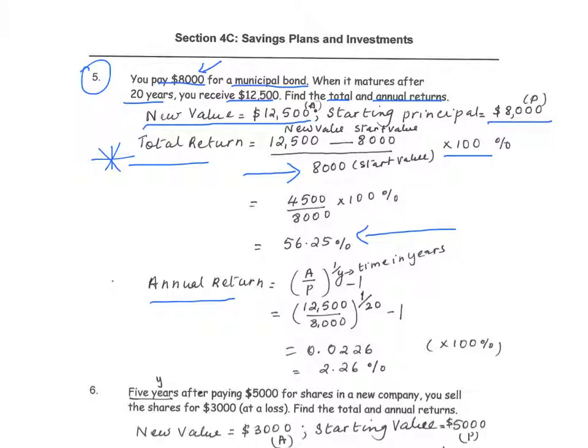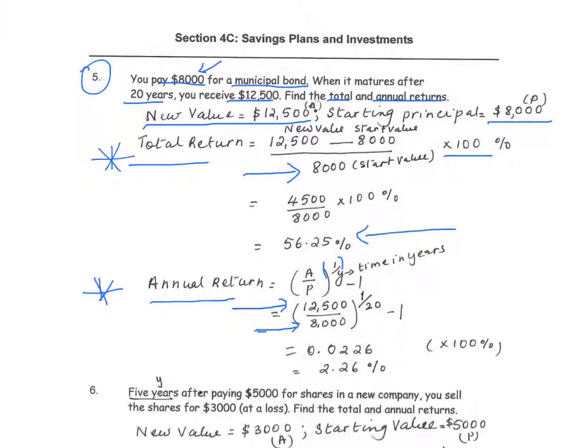Now, what is the annual return? It's just another way of calculating our return on investment. We take the formula (A over P) to the exponent 1 over Y, minus 1, where Y is the time in years. A is the accumulated amount. You invest $8,000, which is your principal P, a lump sum, and at the end of 20 years we receive $12,500, which is our accumulated amount because the interest is added on.